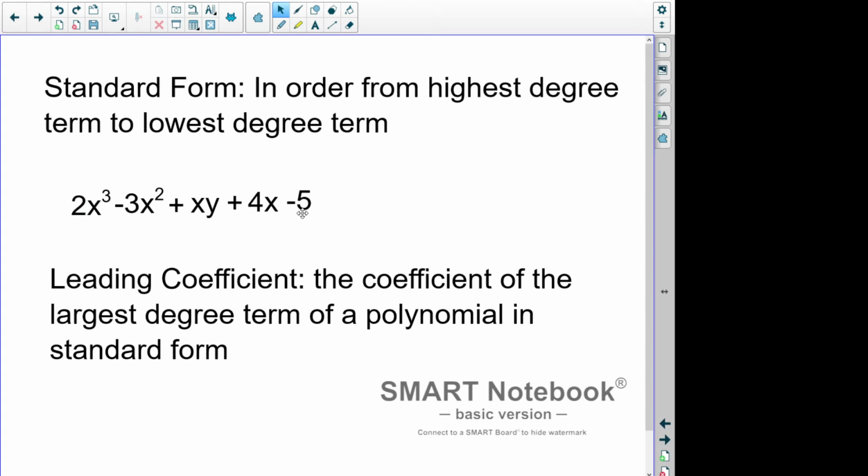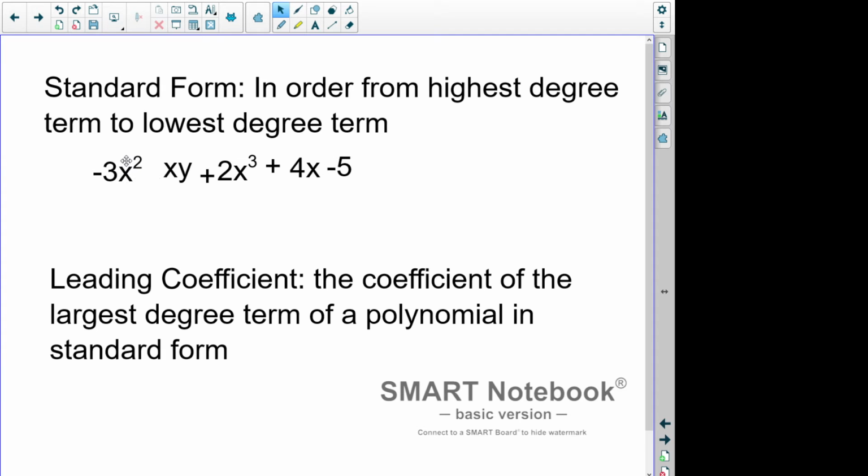And then the other thing we'll talk about is standard form. So standard form is just simply written from the highest degree to the lowest degree. So if I were just to mess this up here, let's switch these 2, there we go.